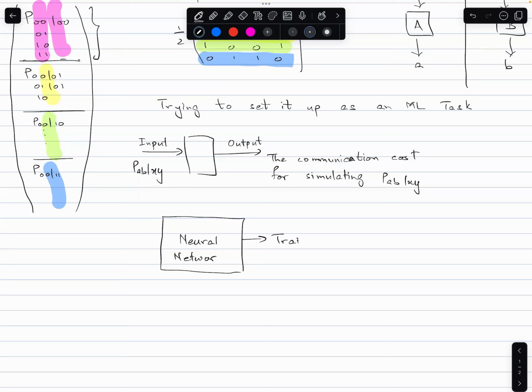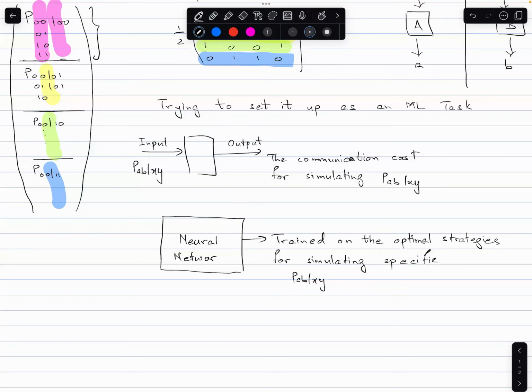It has been trained on the optimal strategies for simulating specific P of A, B given X, Y.